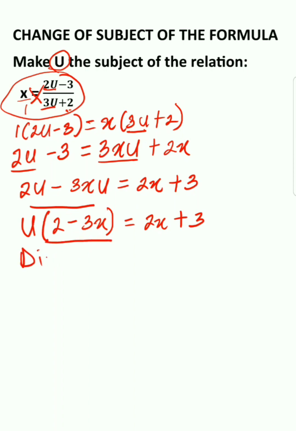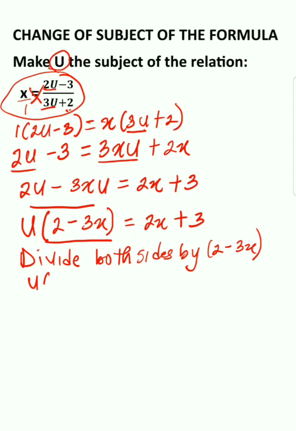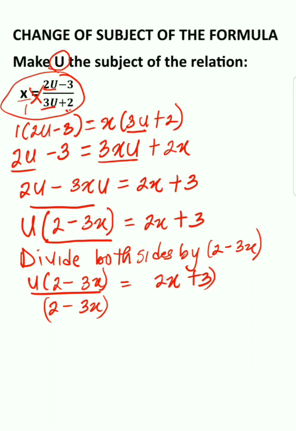So here, in order to get the value of u, we divide both sides by the coefficient of u, which is 2 minus 3x. And so this is u into 2 minus 3x divided by 2 minus 3x equals to 2x plus 3 divided by 2 minus 3x.